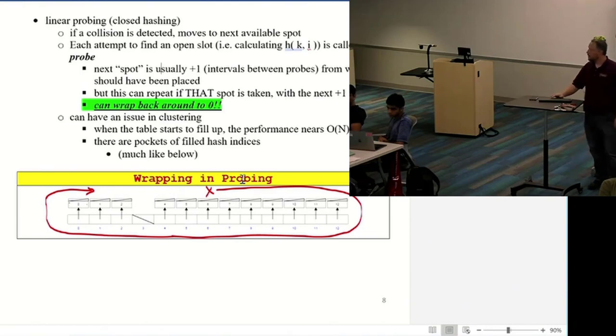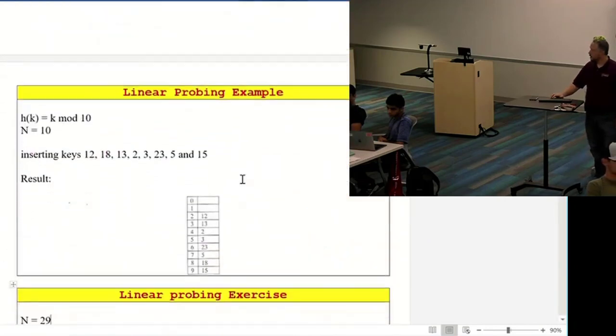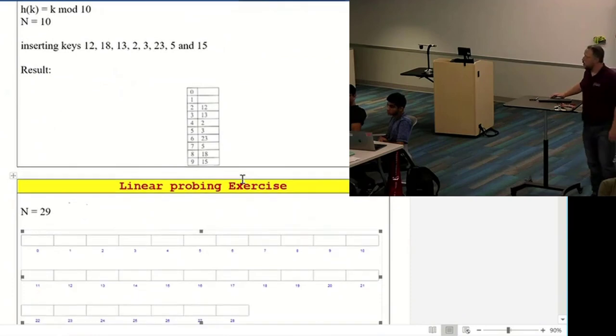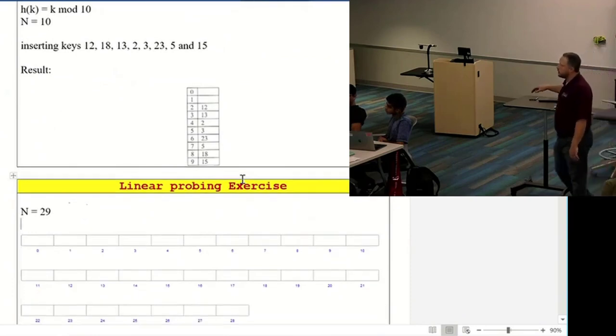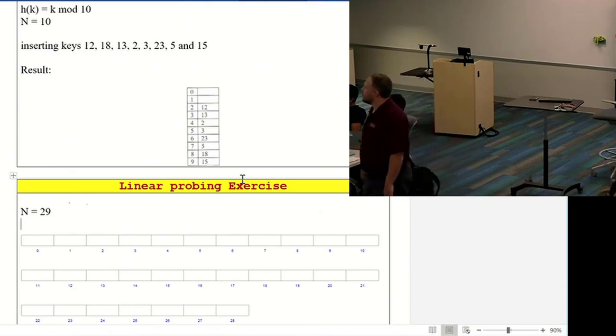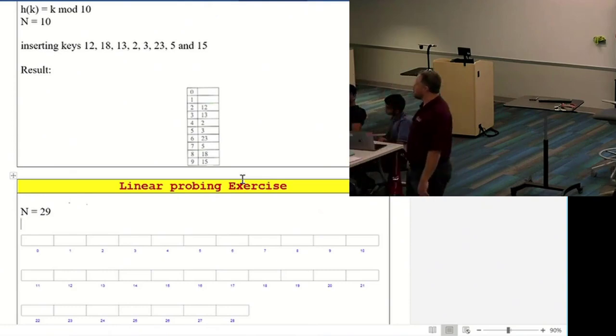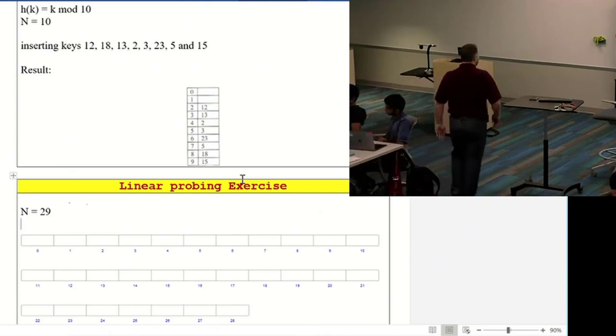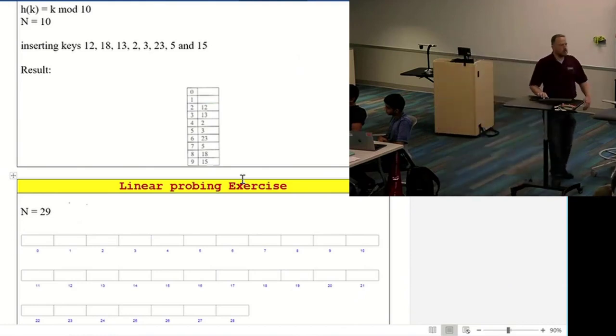All right, so here's your linear probe example. Now, I forget which number it is. It's not 12, 18. I want you to highlight for me the value number 2.